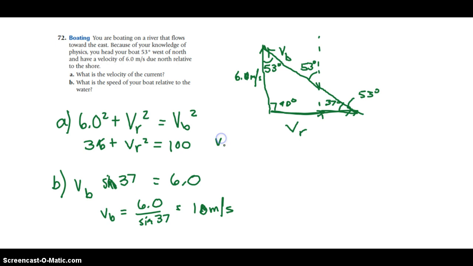So in other words, VR squared equals 64, and it looks like my velocity will end up being 8 meters per second. So we have the velocity of the current is 8 meters per second, and velocity of the boat is 10 meters per second. Again, a number of ways you could have figured that out. That was just the way that worked naturally for me.